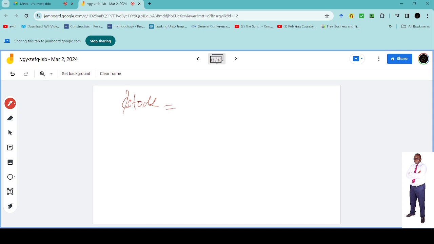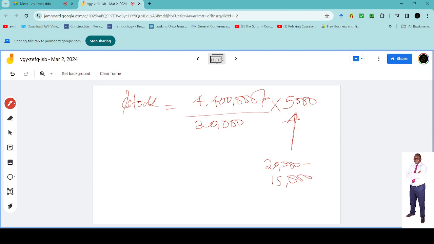So the total cost of production is 4,400,000 shillings, and this was used to produce around 20,000 units of product K. So if you look at that production cost per unit, we multiply by the 5,000. The 5,000 has come from the 20,000 which was produced minus the 15,000 which was sold.